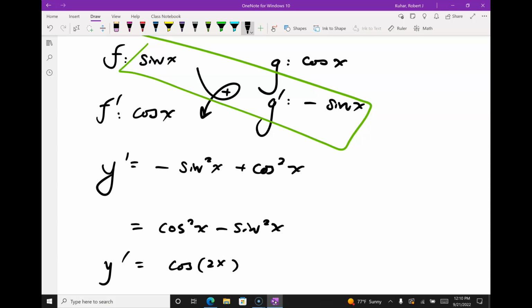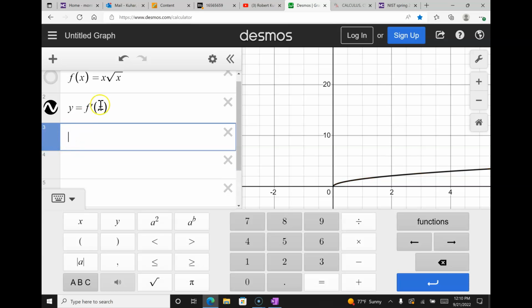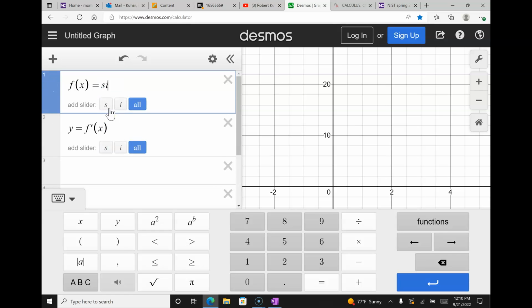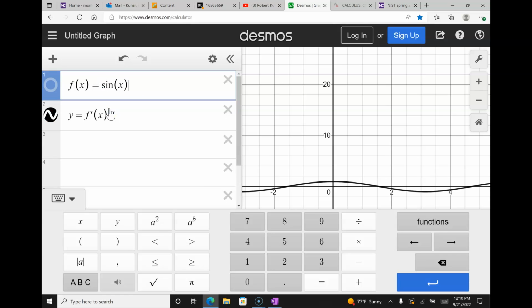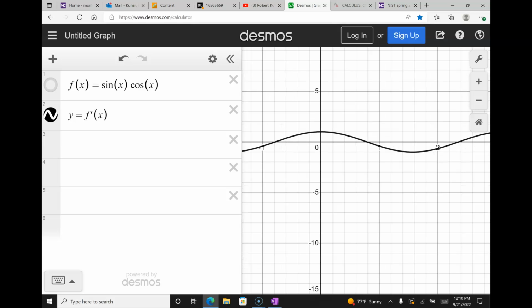Let's check this one. So what I had, sine x, cos x. Here's the original function in green.